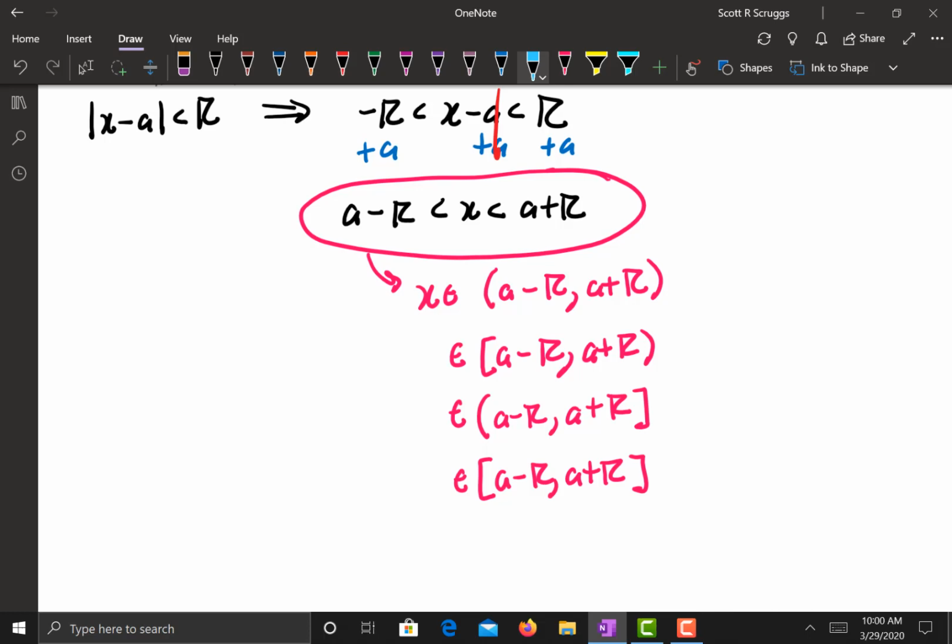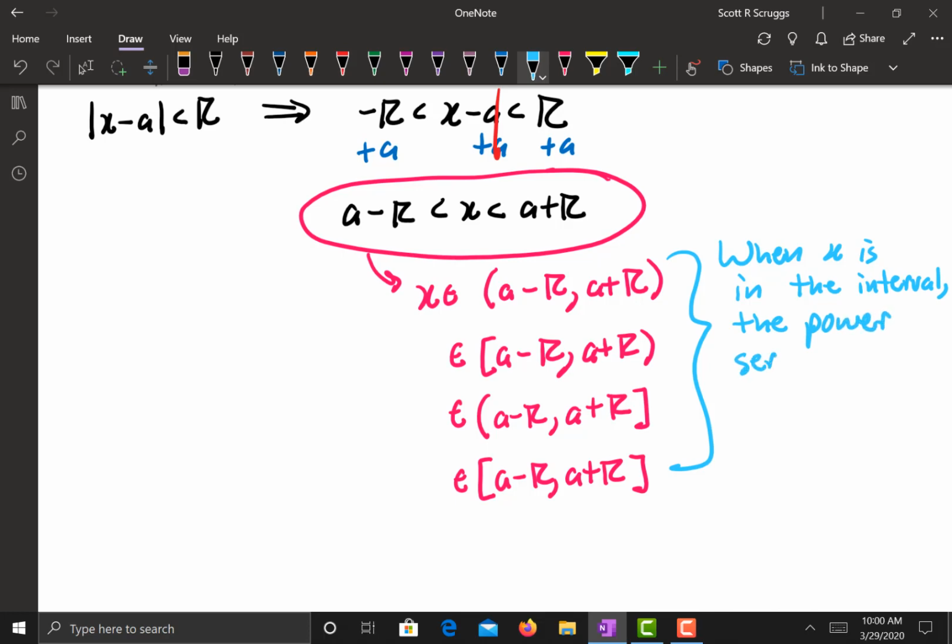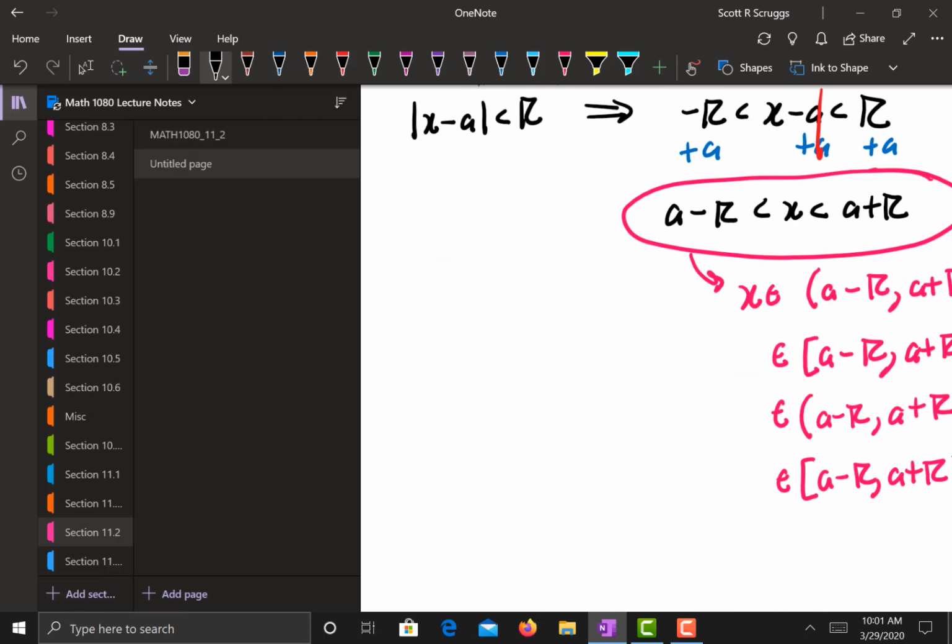The reason those 4 intervals are important is that when x is in the interval, the power series converges. And that's the power of a power series.